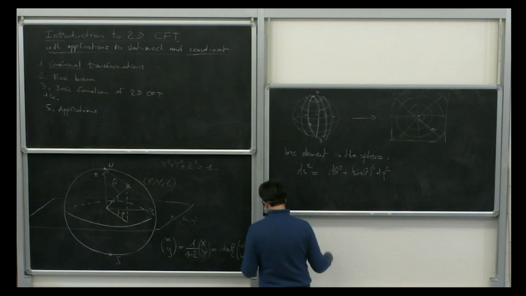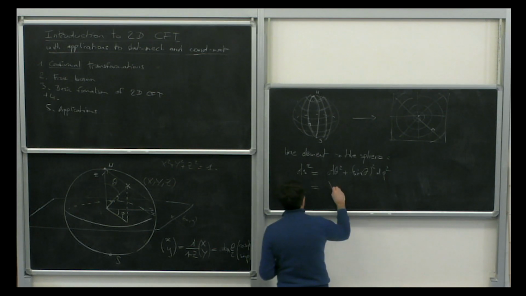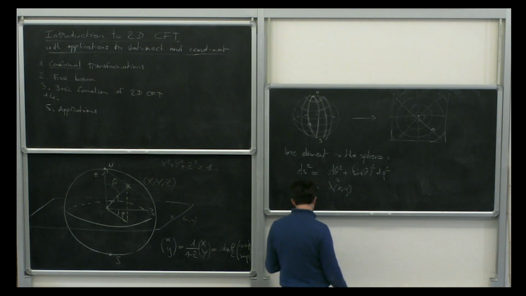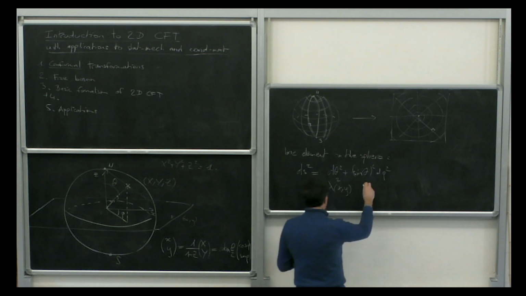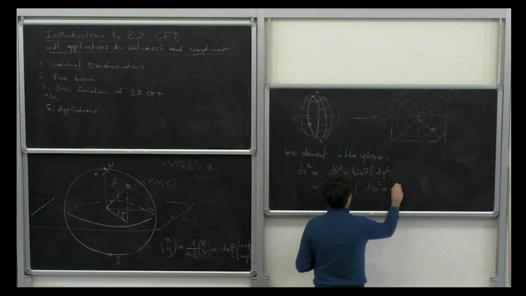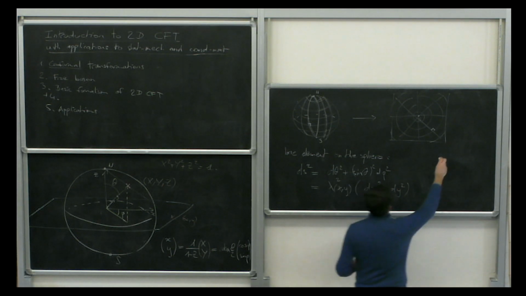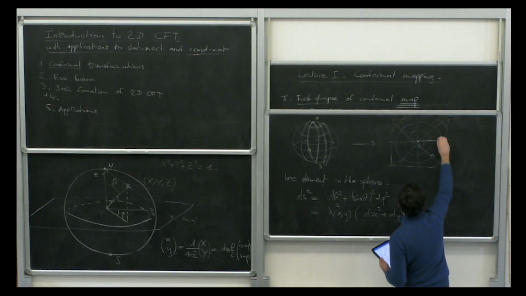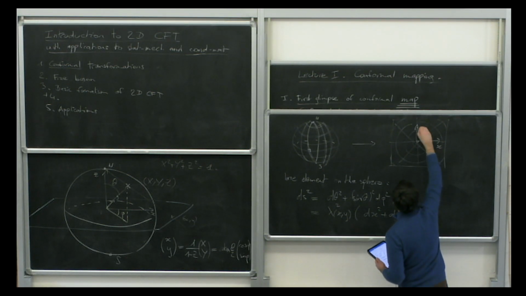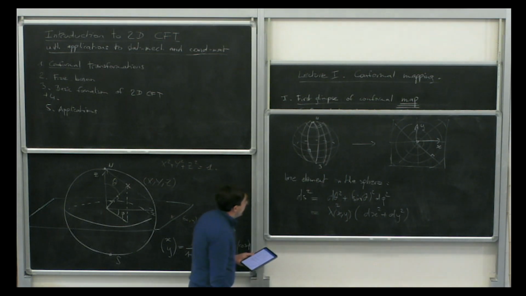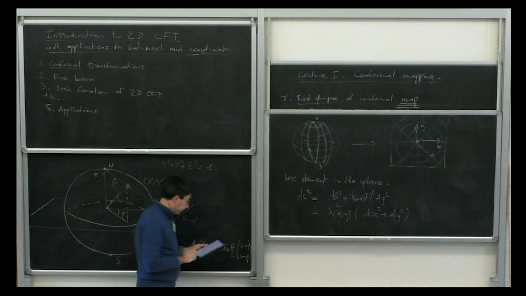And you can check easily that if you write this now in coordinates x and y, you can rewrite it as some coefficient lambda squared times dx squared plus dy squared. So this is the plane xy, and theta and phi are the spherical coordinates.